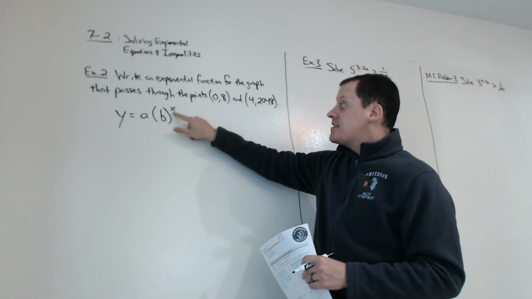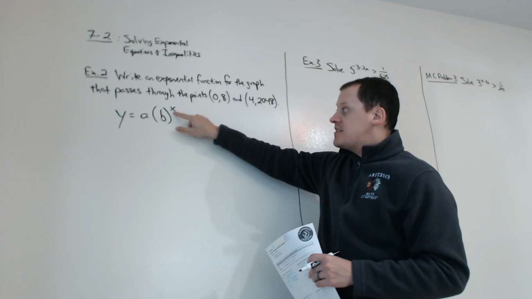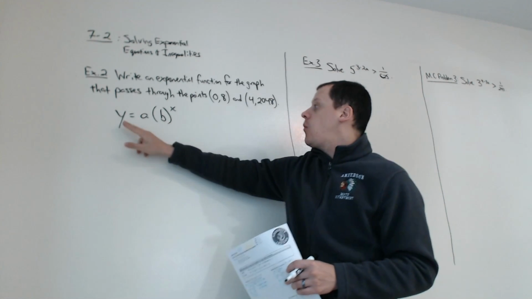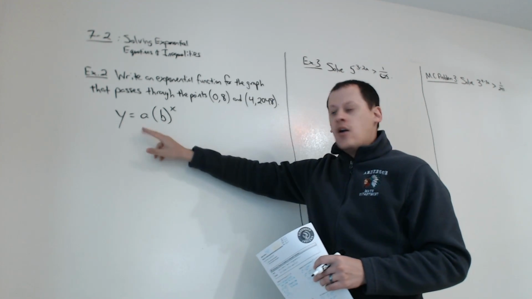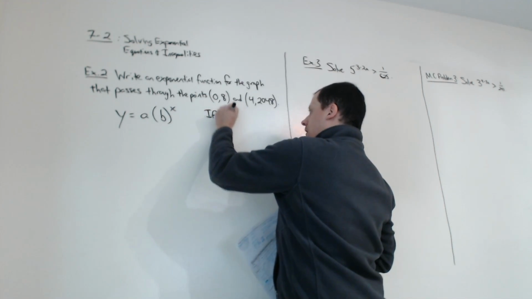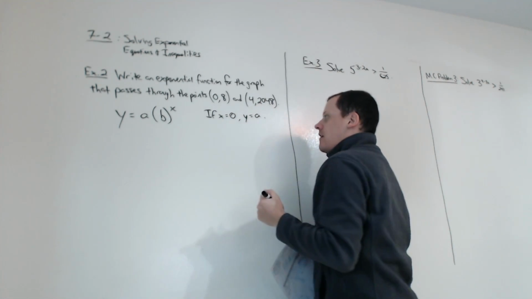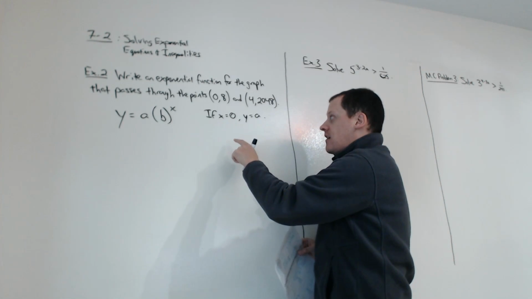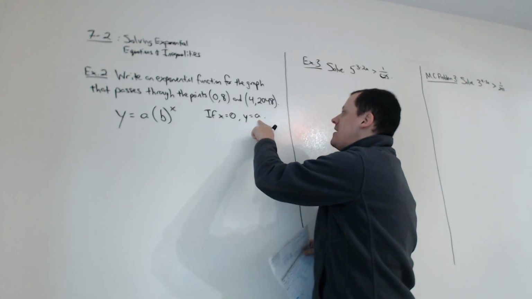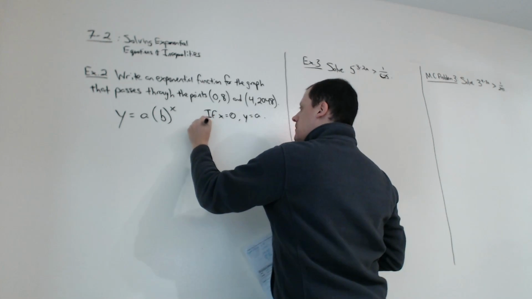Well, anything to the 0 power is 1, right? So b to the 0 power would just be 1. So this would be a times 1. So y = a. So if x is 0, then y = a. What this tells us is, if we've got a point that's 0 comma something, that's got to be the y-intercept. So a is the y-intercept.